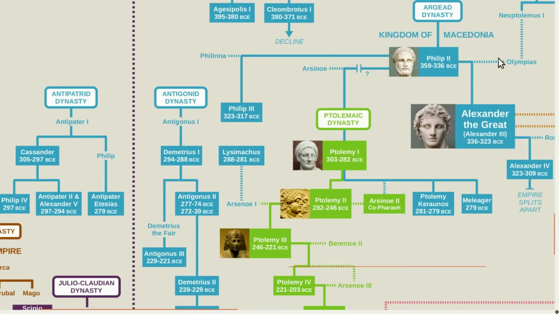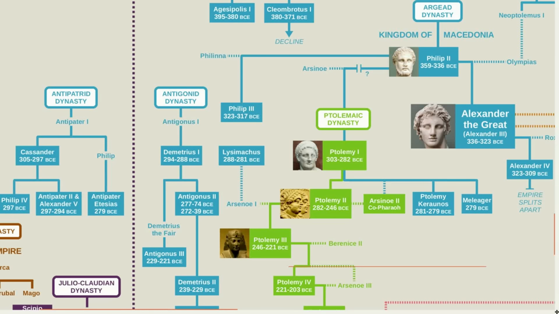Olympias was initially victorious and had Philip III killed in order to set the stage for her grandson Alexander IV to become the sole ruler. But eventually Cassander won out, and Olympias and Alexander IV were killed as well. This left Cassander in charge of Macedon, and in 305 he declared himself king.